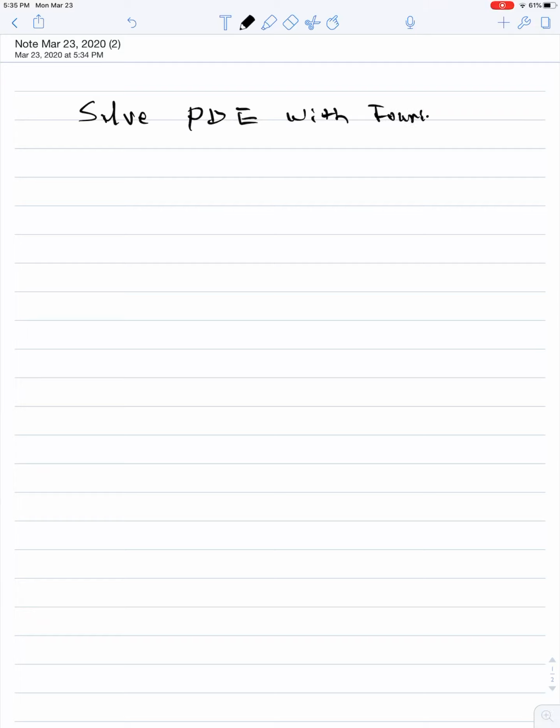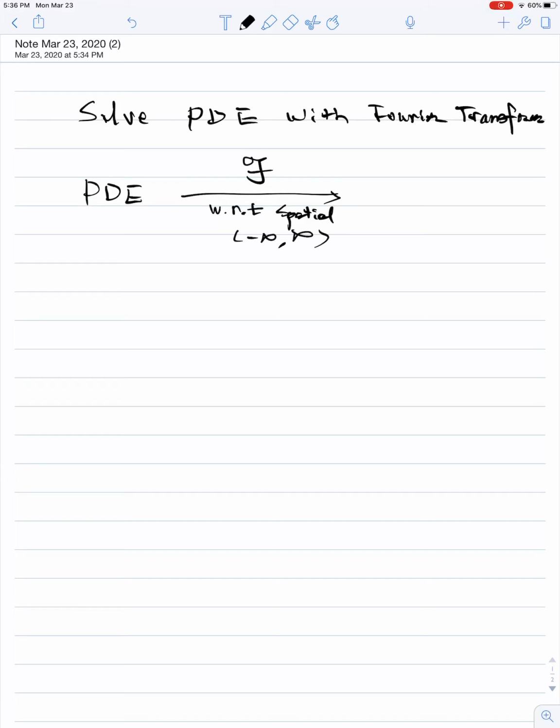So the idea is actually quite similar to what we learned before in the previous chapter. Here you have an ODE or PDE. Let's say we have a PDE. What you need to do is apply the Fourier transform to both sides with respect to a spatial variable that has a range from negative infinity to positive infinity.